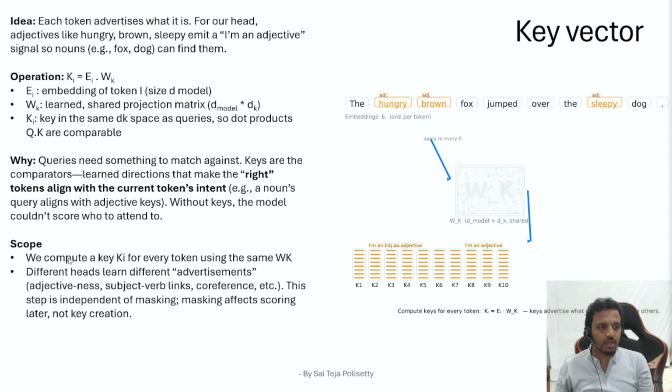If we read this, we compute a ki for every token using the weight matrix. Different heads learn different advertisements. The same question will ask to a different embedding, and that too multiple times. We will see when we say multiple times. As of now, I'm saying single head means one time I'll ask. One time I'll ask one question, but one time only I'll ask 10 different questions.